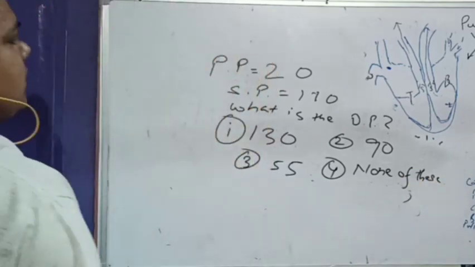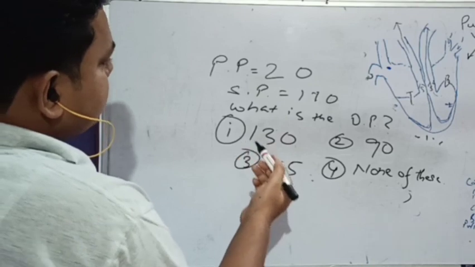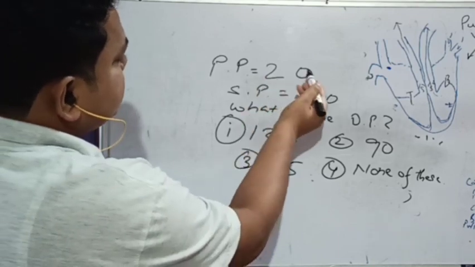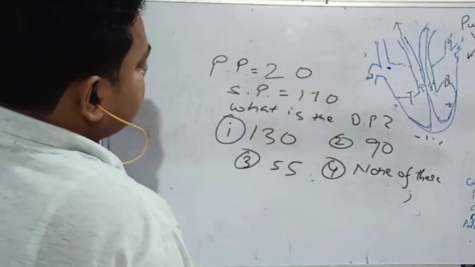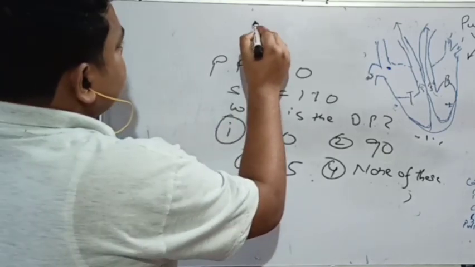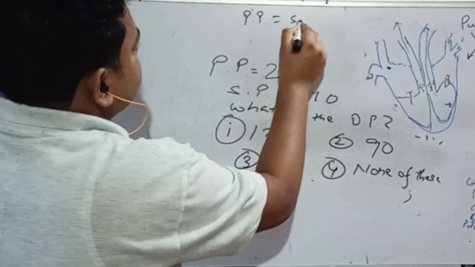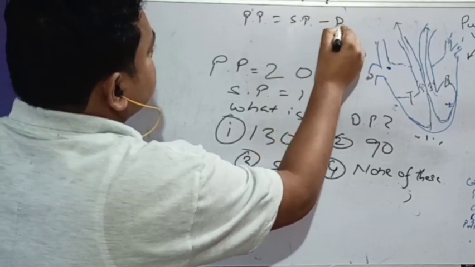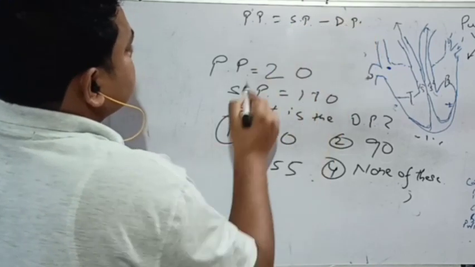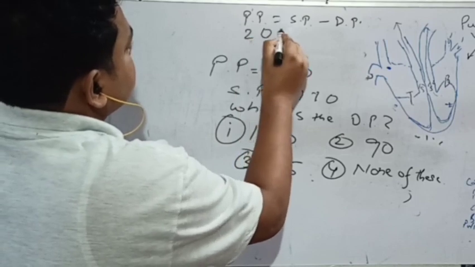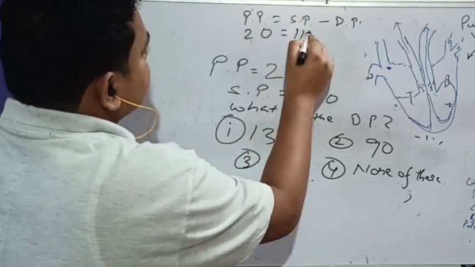So what will it be? It is not that tough. Pulse pressure is 20, systolic pressure is 110. So what do you do? Pulse pressure is systolic pressure minus diastolic pressure. Pulse pressure is given as 20, systolic pressure is 110.